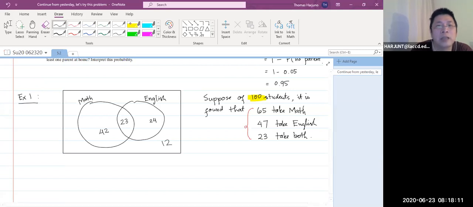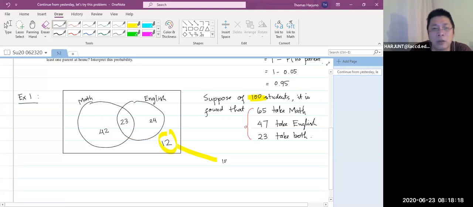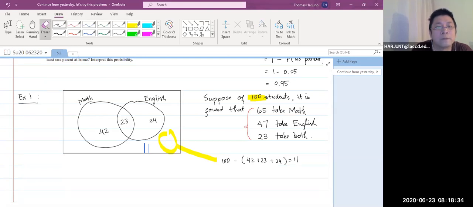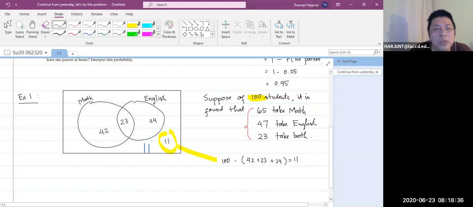Now, just in case somebody asks me that question, how do you get this 12, Thomas? And we get it from 100 minus whatever we have left in there. I think it's not 12, huh? Wait, that's 89. That's 11. That's 11. Okay.